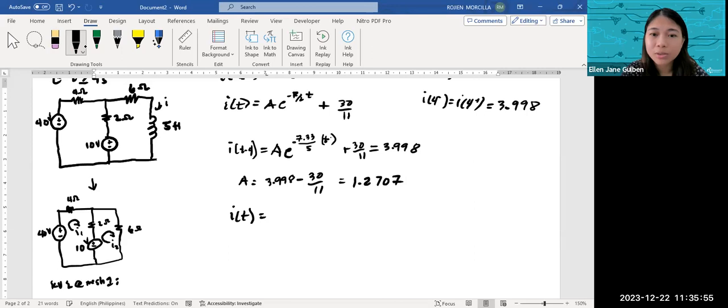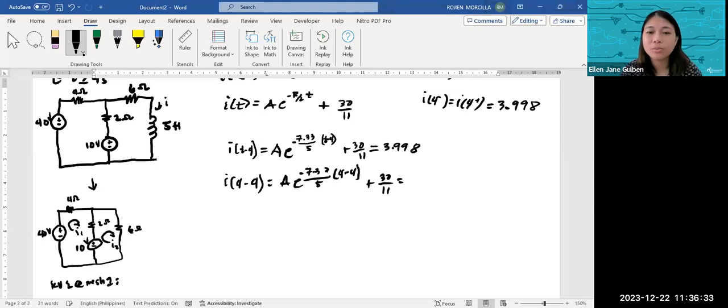Yes, t minus 4. Correct. So we will be applying this. So at t minus 4, I at 4 minus 4 will be 0. E to the negative 7.33 over 5, 4 minus 4, plus 30 over 11. That should be equal to 3.998.